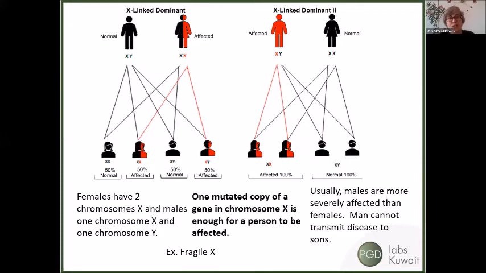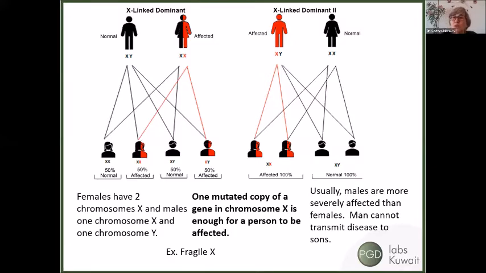In the picture on the left, we see an affected mother who has only one chromosome X with the mutation. So for this couple, the risk of having an affected child, independently of whether the child is a boy or a girl, is 50%.